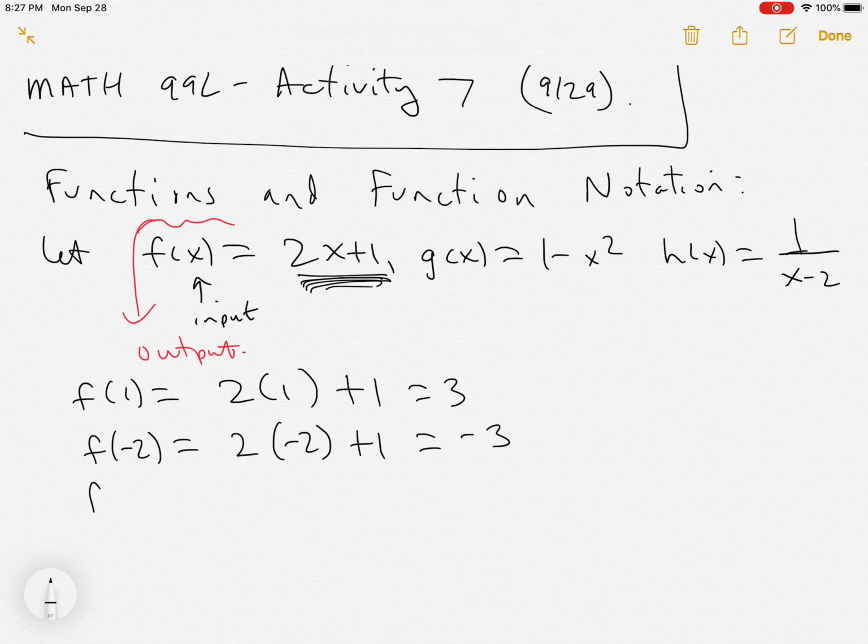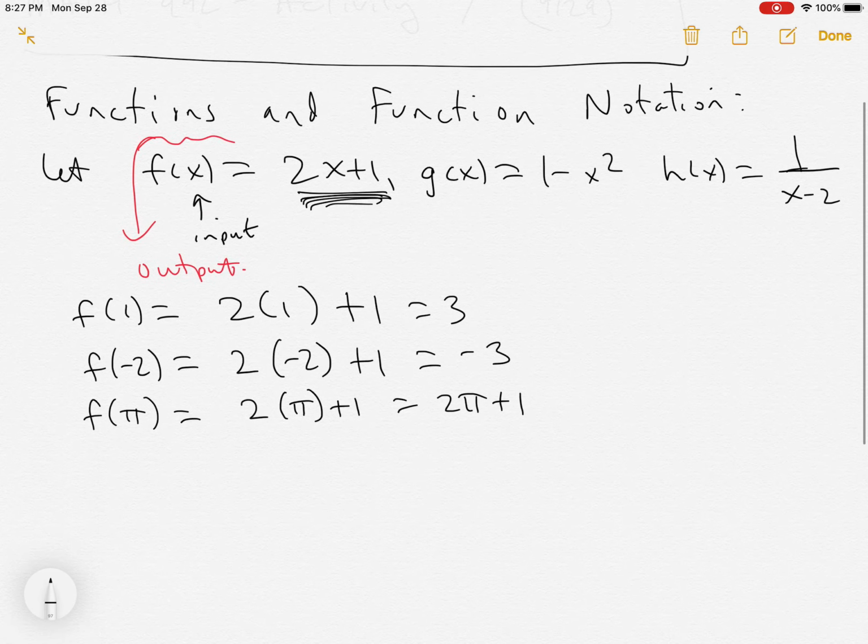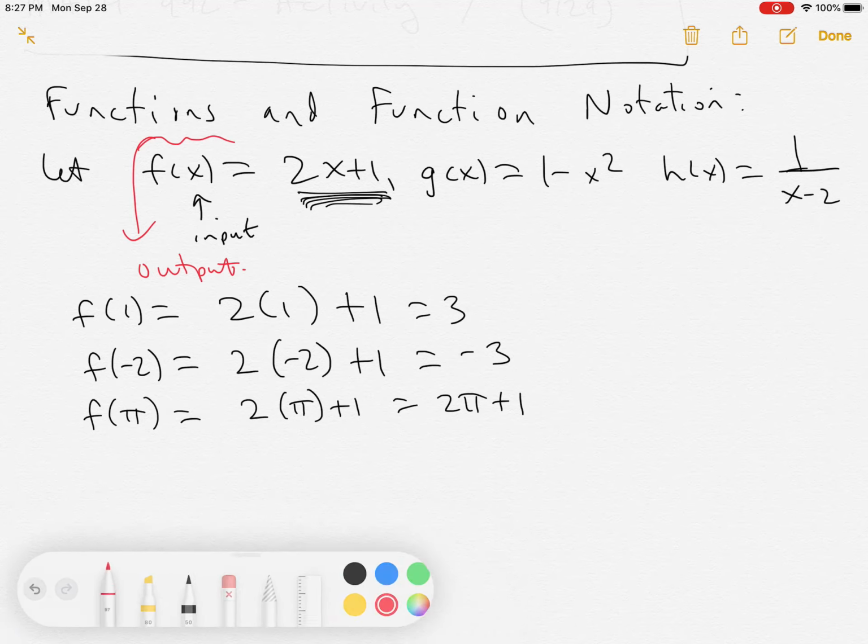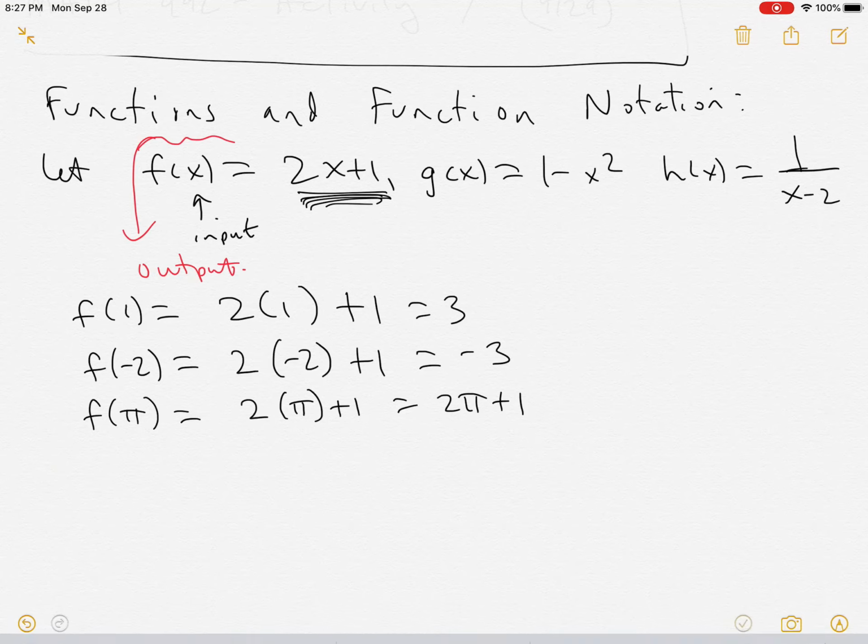Let's look at f of the number pi, which says wherever there's a parenthesis, you put in a pi. Again, wherever you see an input, you follow it with the function.